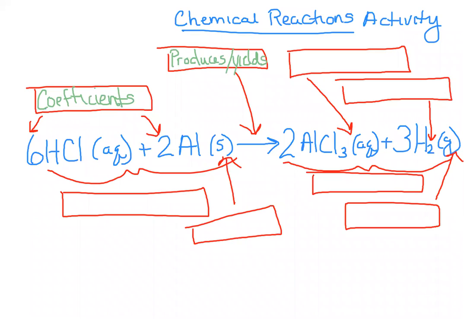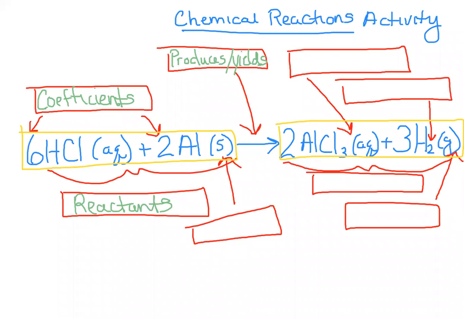It's kind of like the equal sign in the chemical equation. And then all of the things on this side of that arrow are called the reactants. And all of the things on this side of the arrow are called the products.